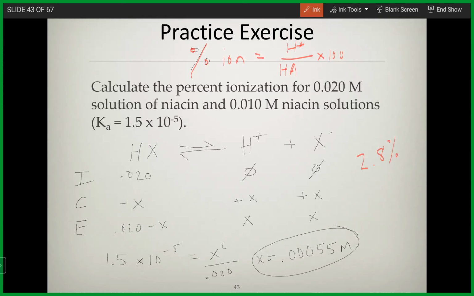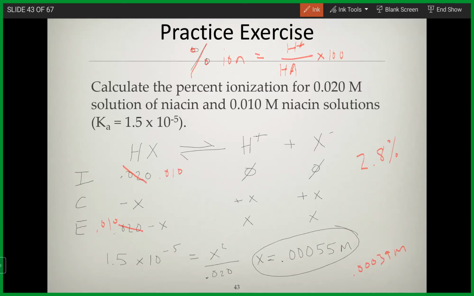And then for the second one here, if we did the 0.010, it would be the exact same setup. The only thing that would change is we would have 0.010 there and 0.010 there. And then when we go through and actually solve for it, what we'll see is that in that case, we get 0.00039 molar.